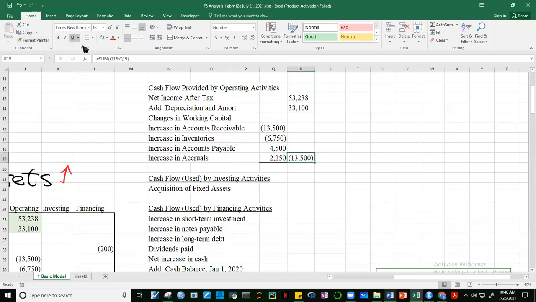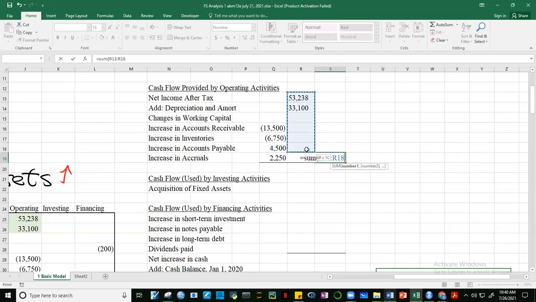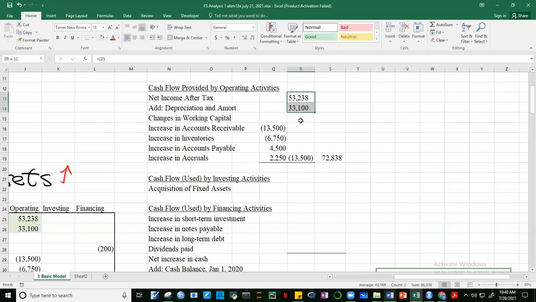So that here, we have, oops, mali. Sum natin. Okay, guys, no? Ito na yung cash flow provided natin by operating activities.